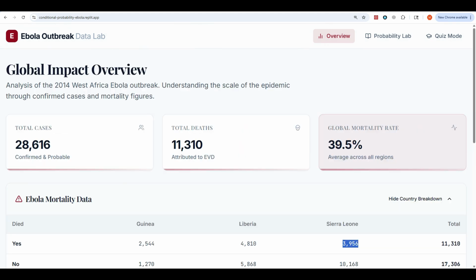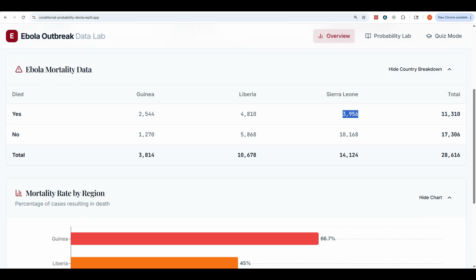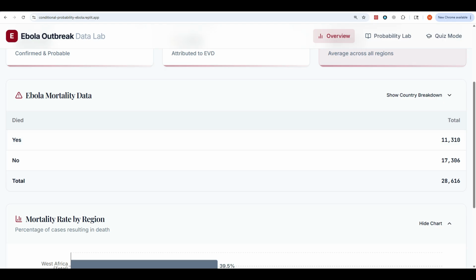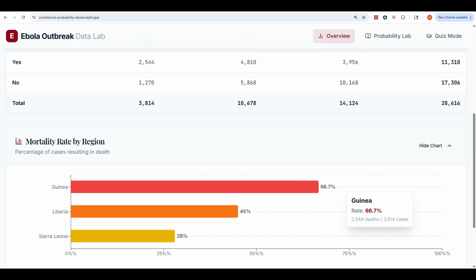So this is a fun example for a classroom setting. And with this web app, you can visualize all of those things. You can take them from this overall mortality rate to the surprise, fun investigation of the differences in the rates of those countries.